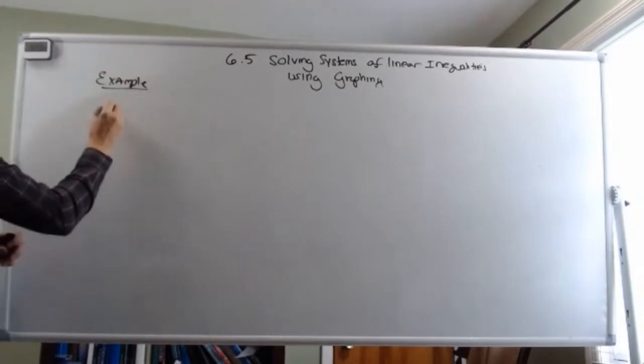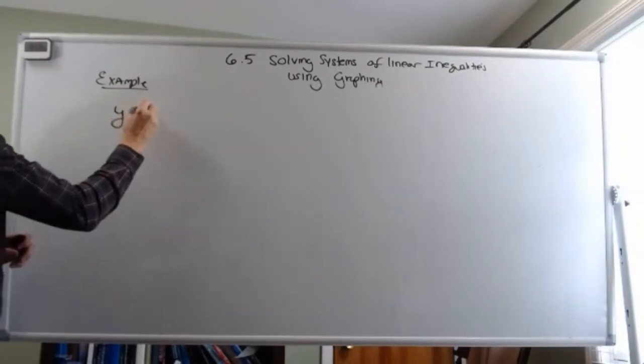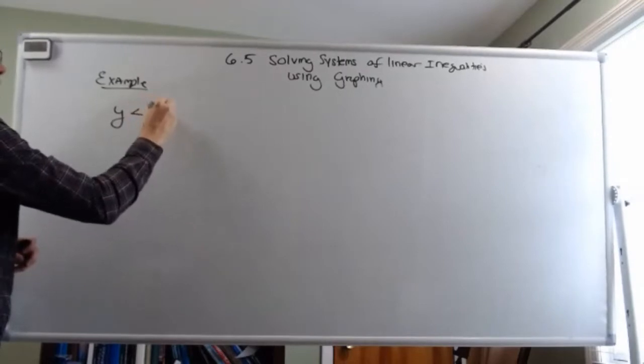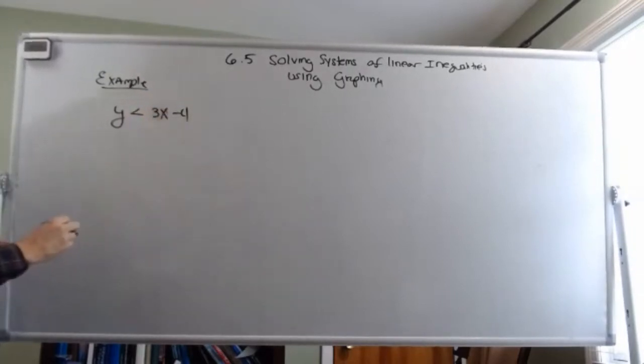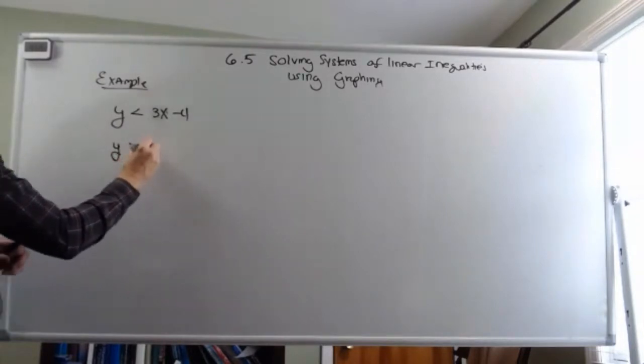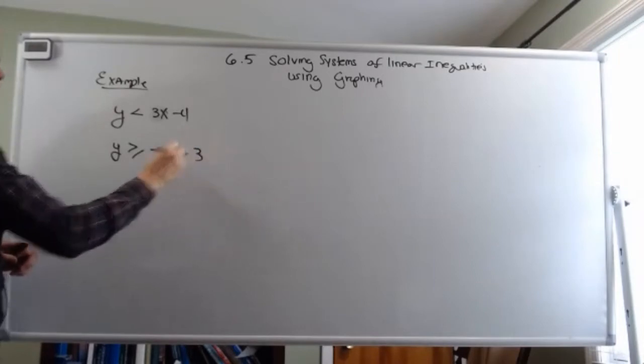So let's say I have it written this way. y is less than 3x minus 4, and y is greater than or equal to -2x plus 3.